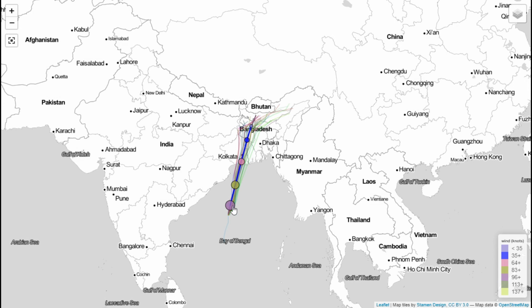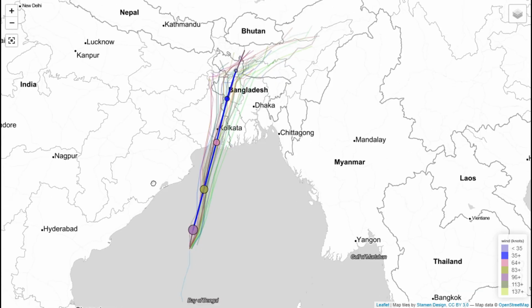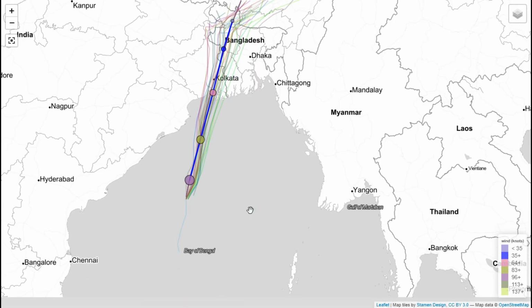Now let us zoom in on our point number 1. Now you see from this particular map, point number 1, point number 2, both of these points are over the Bay of Bengal. But point number 3, 4 and 5 are on the mainland.